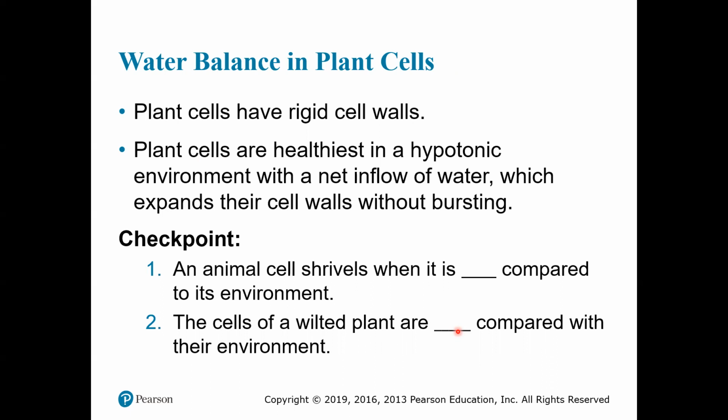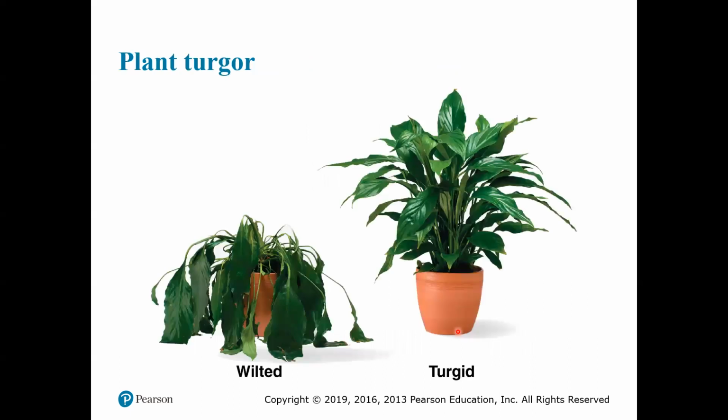And so that's isotonic, where the net flow of water is equal in and out of the plant cell. So here you have a turgid plant where it's standing upright. On the left-hand side you have a wilted plant where it's not turgid because the net movement of water is not into the plant cells. Okay, and so this is the overall discussion of passive transport and tonicity.